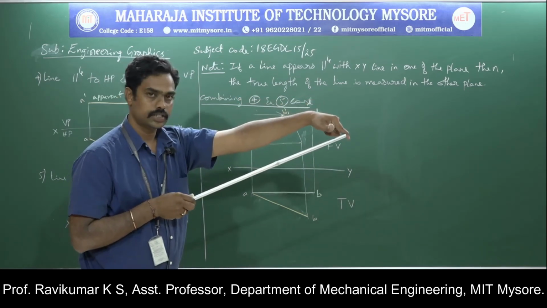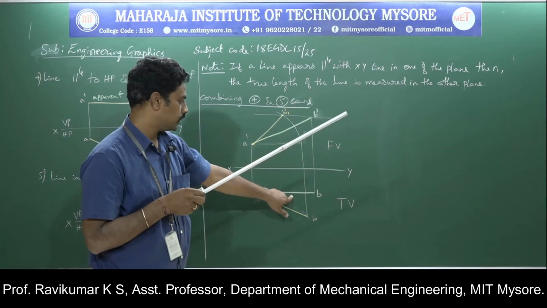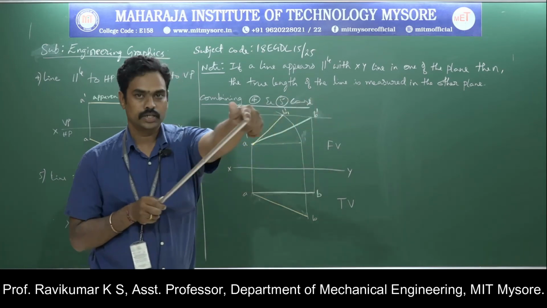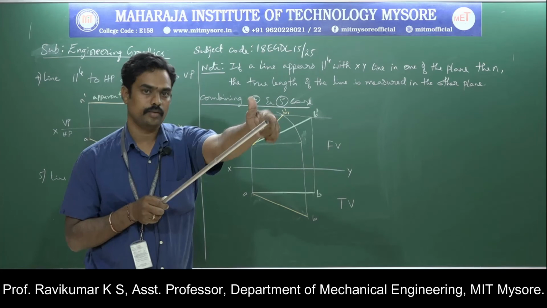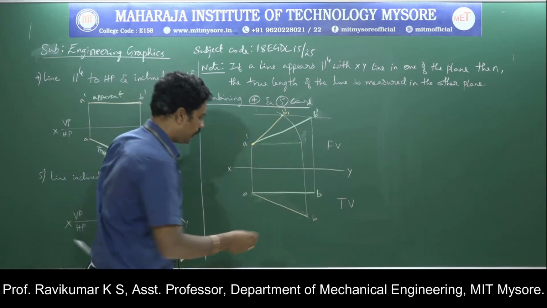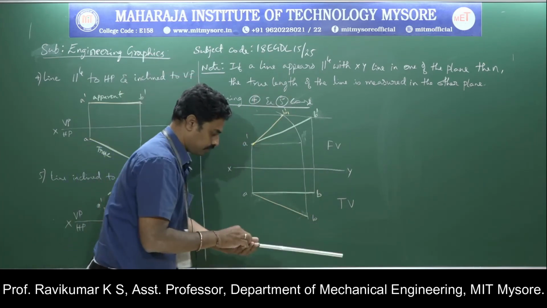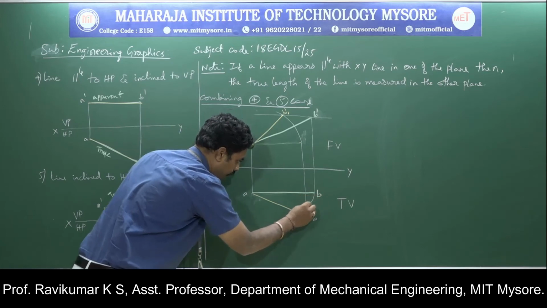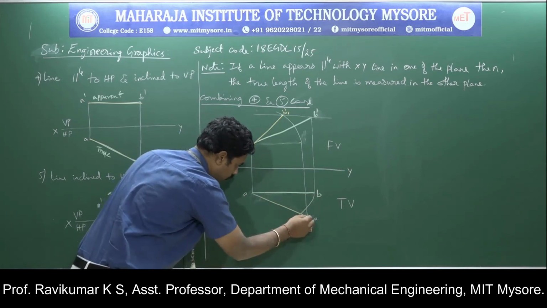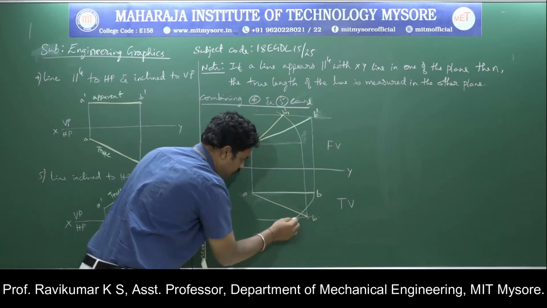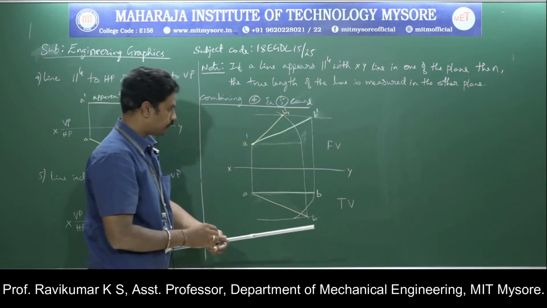Okay, if you rotate this to make it parallel to VP, you will get this. If you rotate this, make it parallel, make it inclined to VP, then you will get this one. Rotate this, make it parallel, make it inclined to VP, you will get this point.